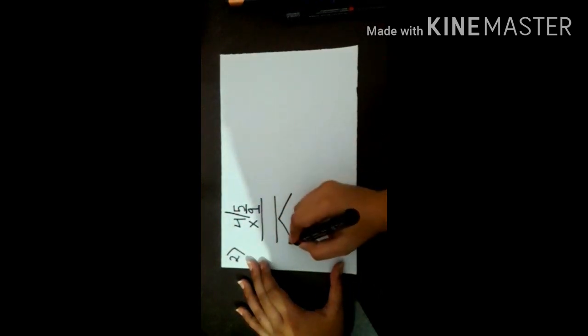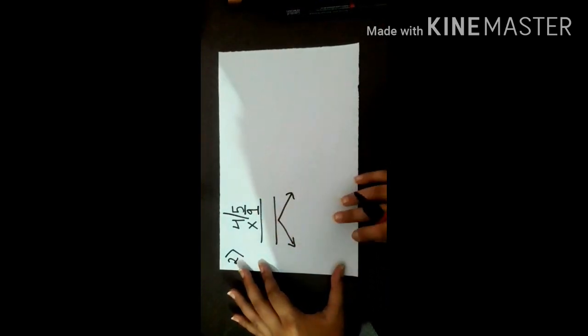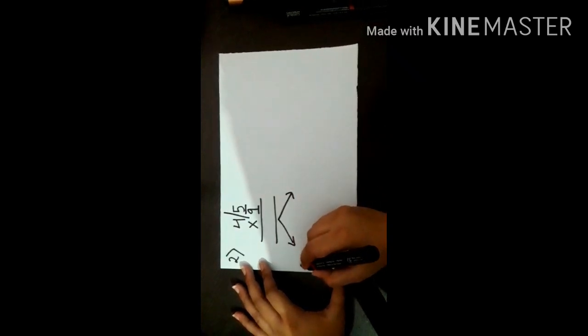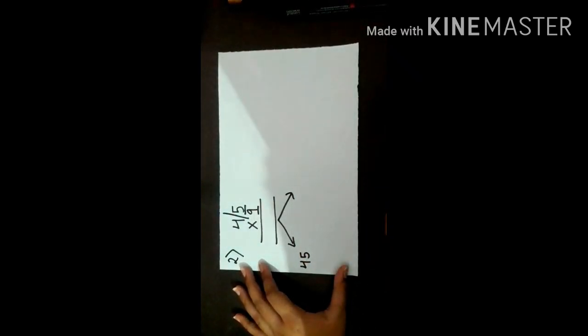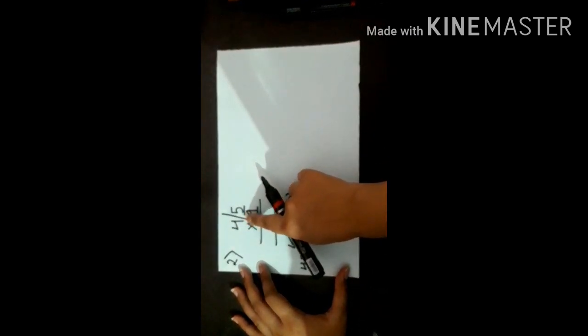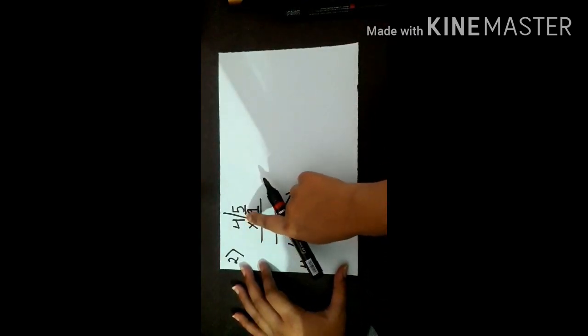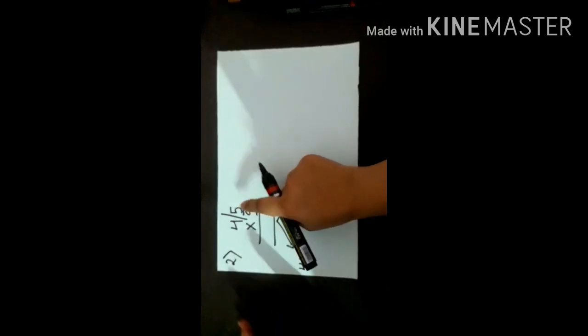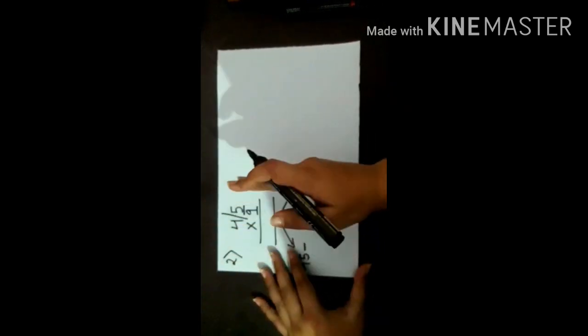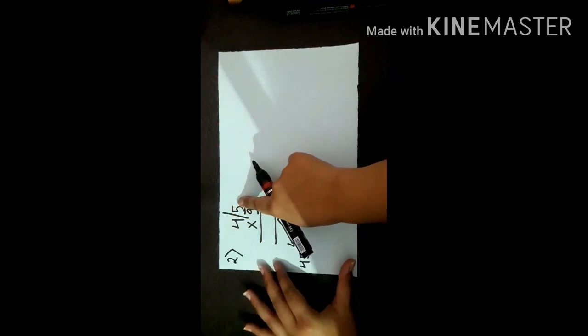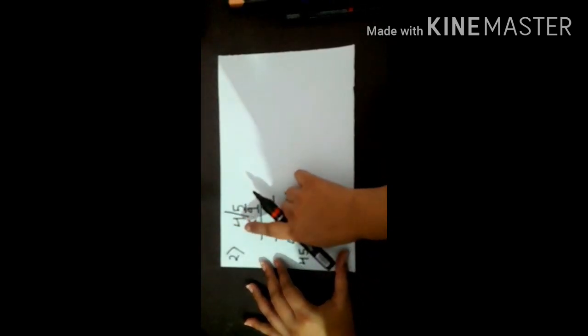Now first of all use your multiplicand, which is 45. As you can see, before the slash your number is 4 and after the slash the number is 5. This is your first part and this is your second part. See the number before the slash. The number is 4.